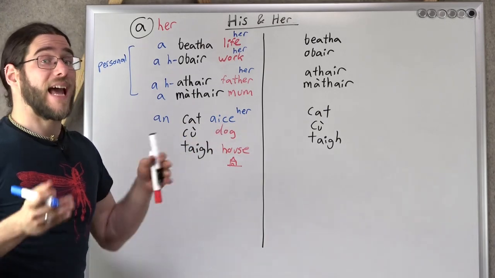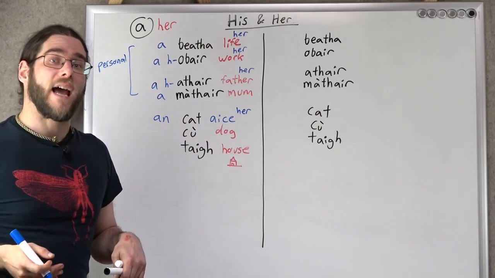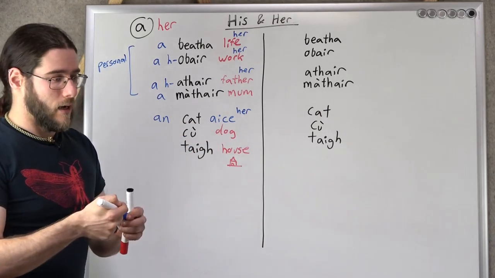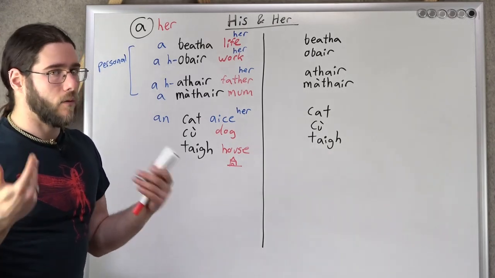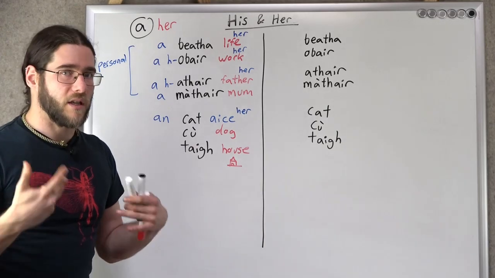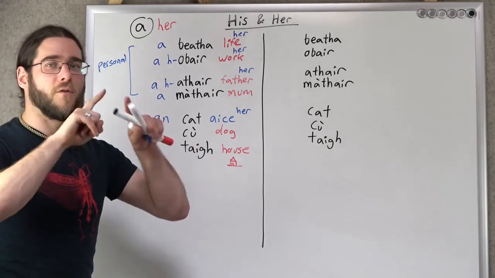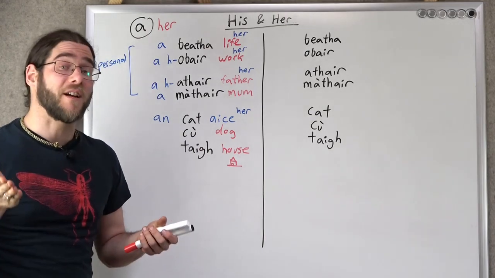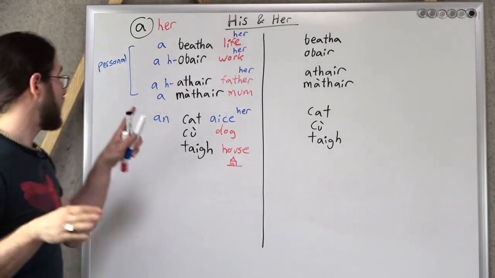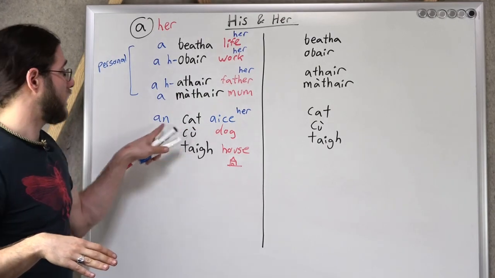When you have something, it's at you in Gaelic. So if you're talking about my house, I would say the house at me, or the house I have, or the yurt studio that I have, the yurt I have, that kind of thing.